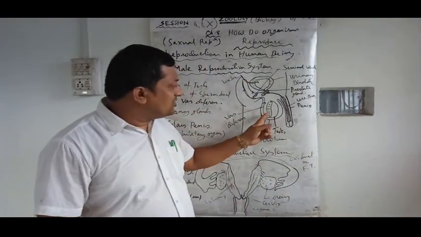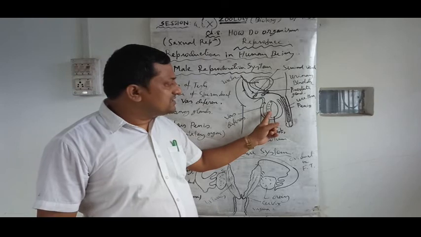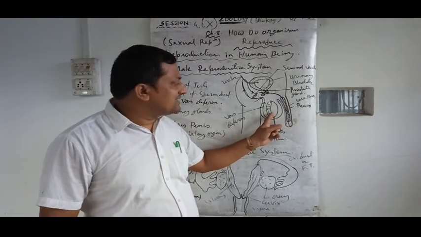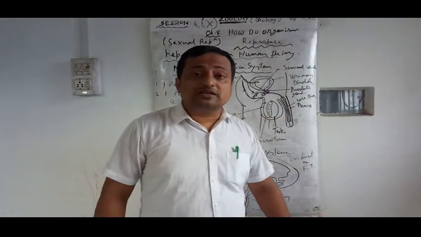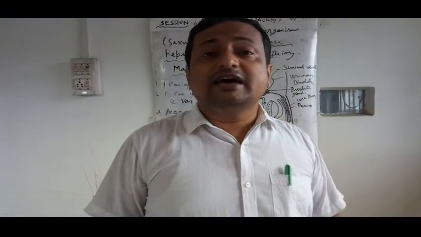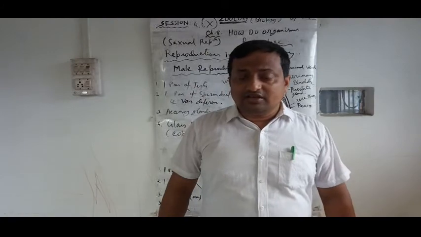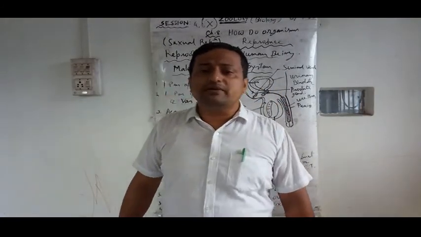Also, under the influence of the hormone, when sperm production is going on, a specific hormone is released by the testis, which is called the male sex hormone, testosterone. Due to the testosterone hormone, male shows secondary sexual characters.